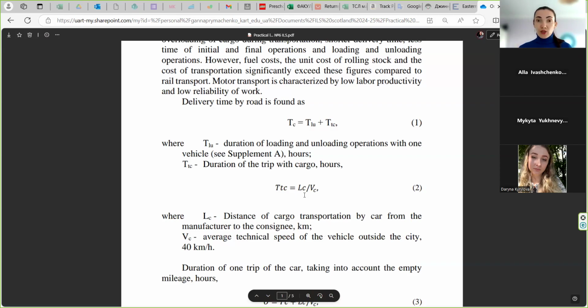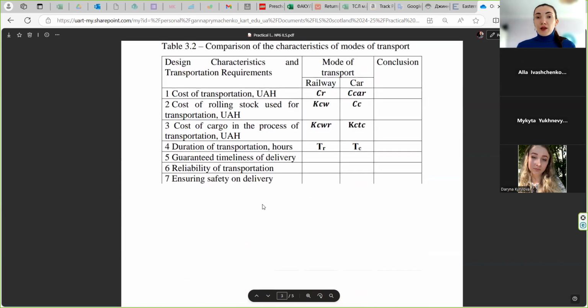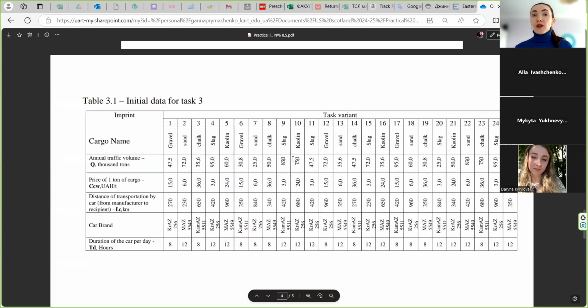and in the numerator, please find the parameter L, big L with index C. Under formula number two, it is the distance of cargo transportation by car from the manufacturer to the consignee, for example, in kilometers. We can find this parameter in our special table. I opened it. I think you can forget your variant.